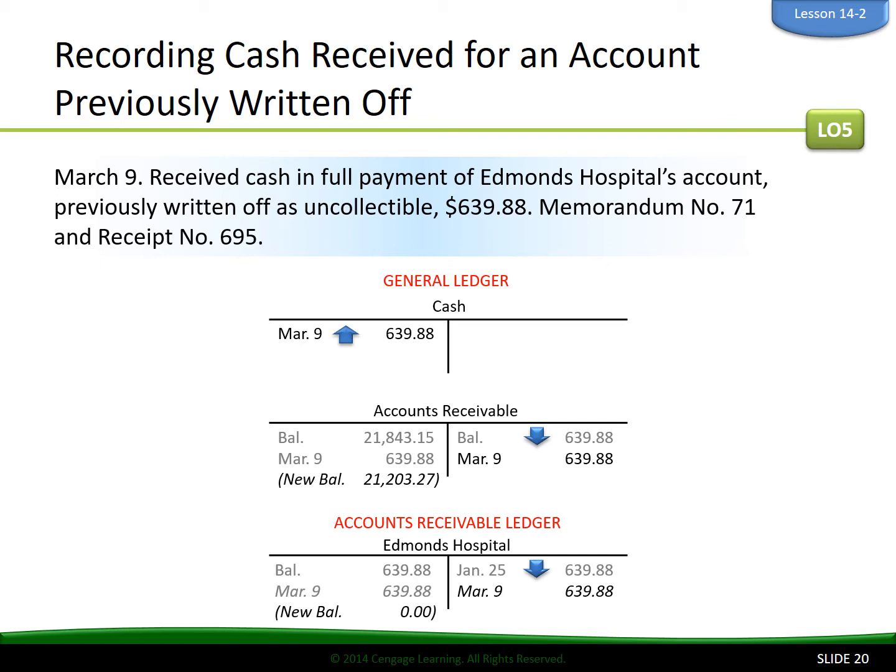March 9th, received cash in full payment of Edmonds Hospital's account, previously written off as uncollectible, $639.88, memo number 71, and receipt number 695. General ledger will go up $639.88. Next T account, accounts receivable, will go down by $639.88. T account for accounts receivable ledger will have a new balance of 0, and then the accounts receivable will be changed by $639.88.